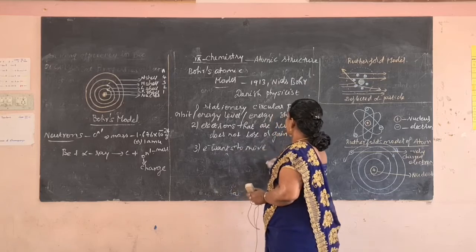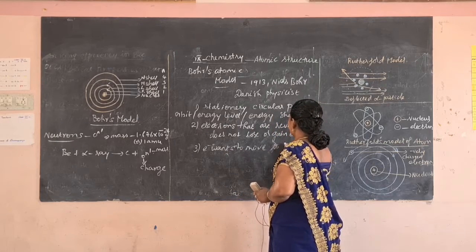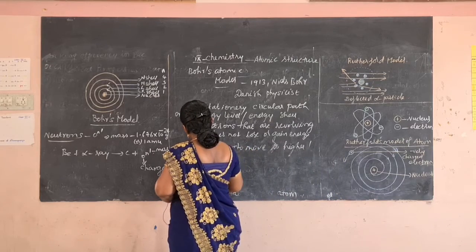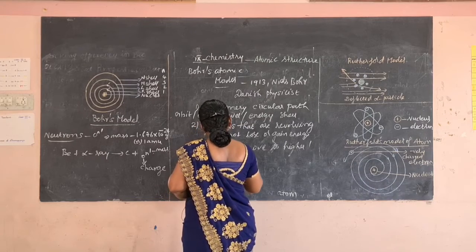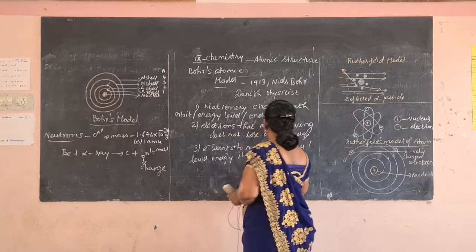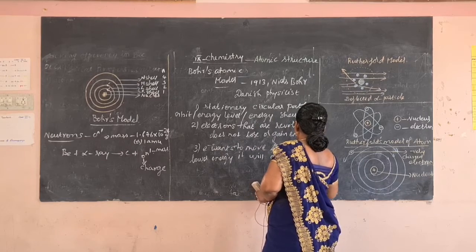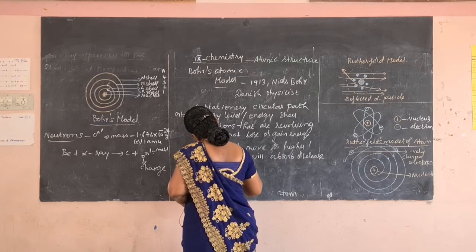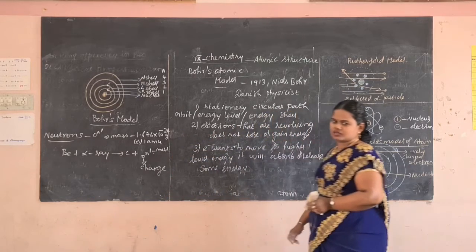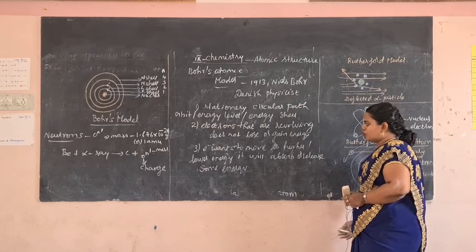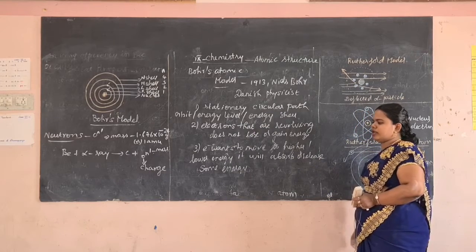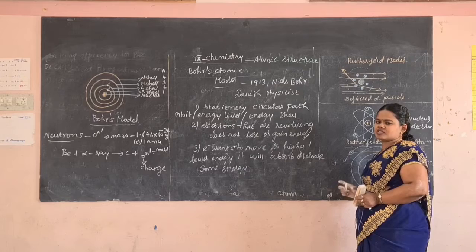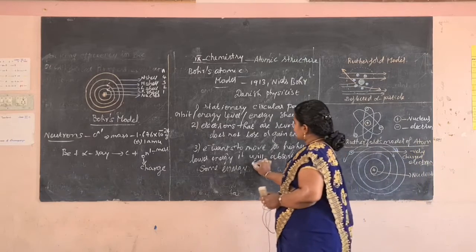So when an electron wants to move to higher energy level or lower energy level, it will absorb or release some energy, and that energy will be fixed.